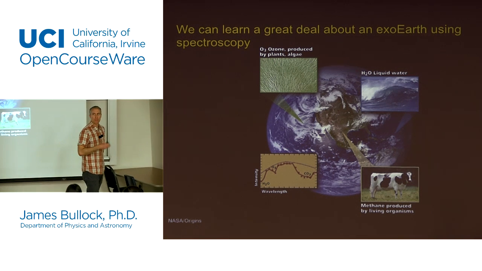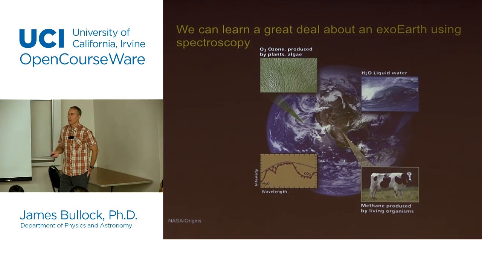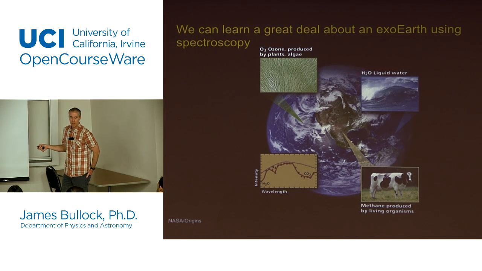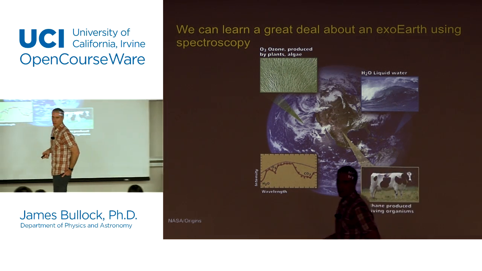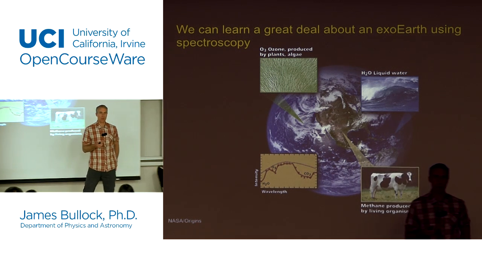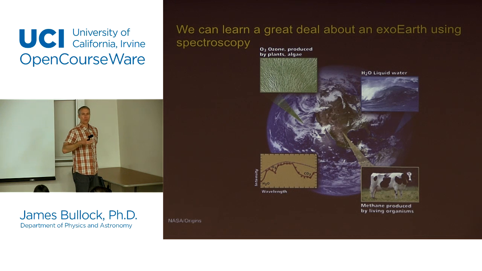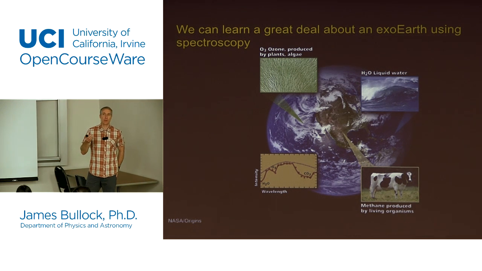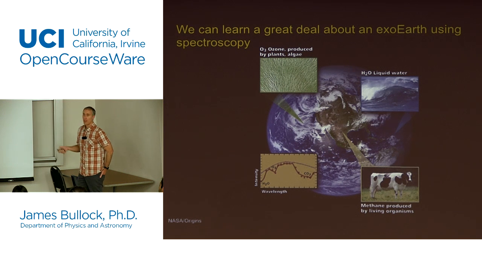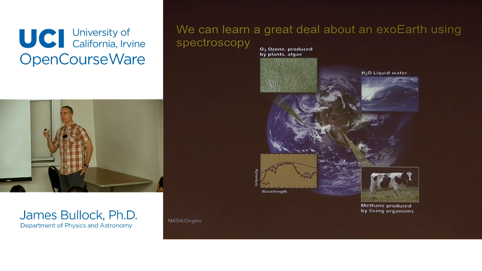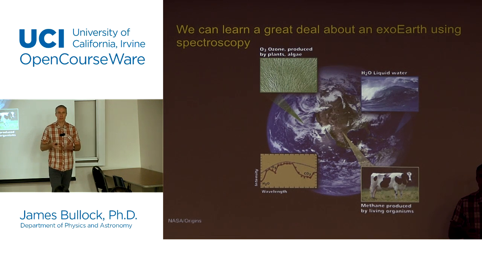It would get absorbed up, binding with other things on the Earth and in the atmosphere, and it would be gone in short order. So if you look at a system like the Earth and you see the presence of ozone, you know something funny is going on. Something is producing that oxygen out of equilibrium from what you might expect it to be. So ozone in our Earth is a telltale sign that something funky is going on our planet, that there's some life that's producing this stuff.